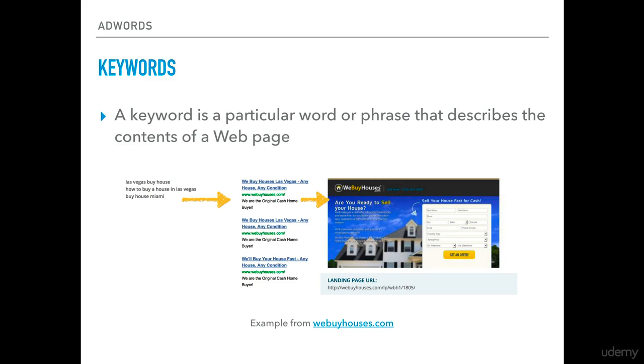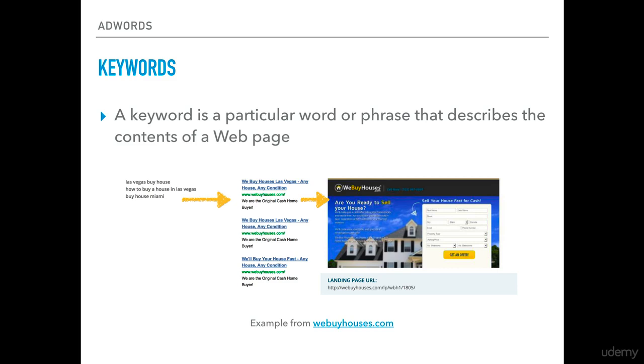This is because this particular site is focused on Las Vegas and Miami, which were two areas that were particularly badly hit by the housing crisis. So there are a lot of very cheap properties in that area. So those particular search terms led to, you can see these listings. So we buy houses Las Vegas, any house, any condition.